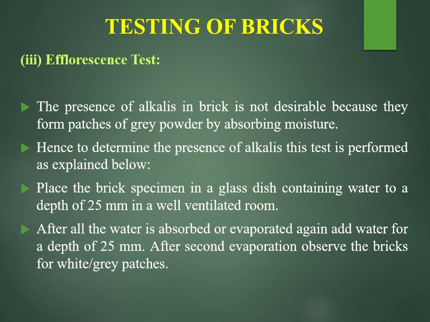I already told you efflorescence is nothing but the formation of white patches on the surface of the brick, which is generally carried by the salts onto the surface. So if there are really salts, then obviously they will be carried onto the surface, and hence you can see the patch formation, right? So after the second evaporation, observe the patches on the faces of the brick.